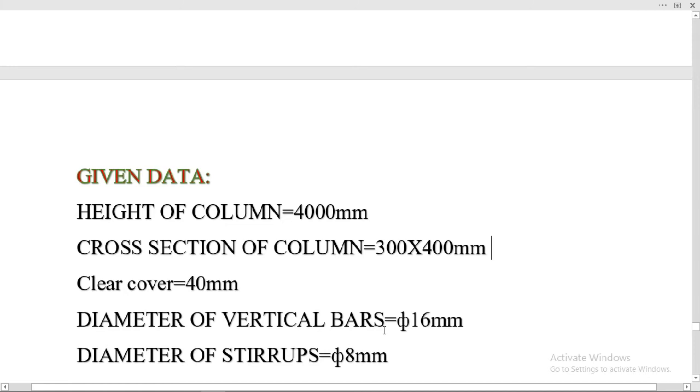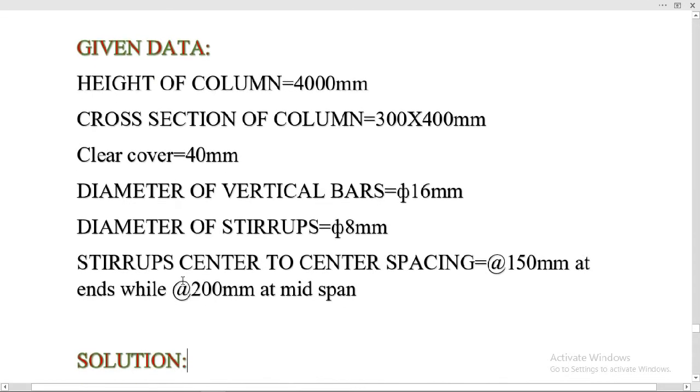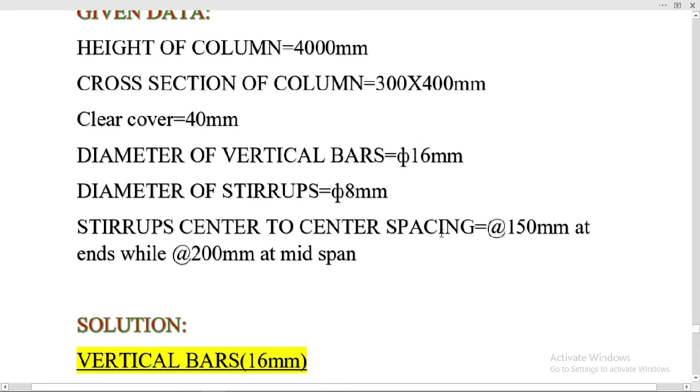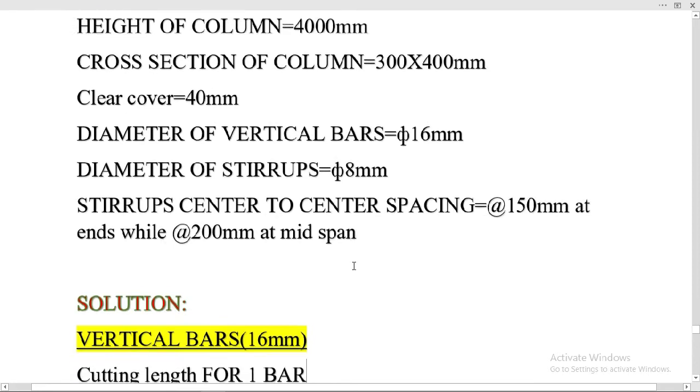Diameter of vertical bars 16 millimeter. Diameter of stirrups is 8 millimeter, and the stirrup center to center spacing is 150 millimeter at ends while 200 millimeter at mid span.